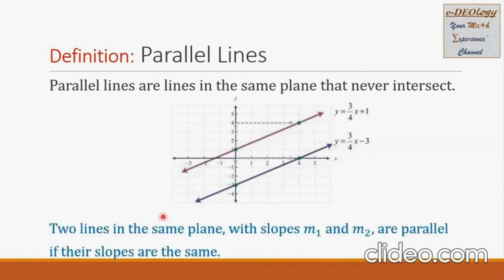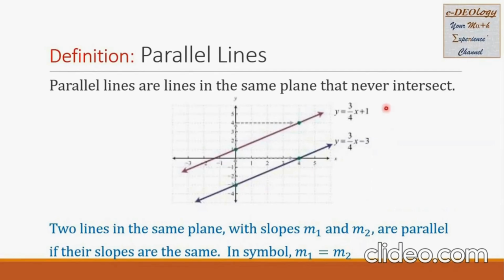Two lines in the same plane with slopes m sub 1 and m sub 2 are parallel if their slopes are the same. In symbol, m sub 1 equals m sub 2. Look at our equations.